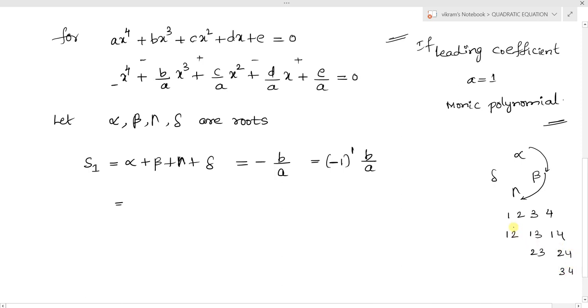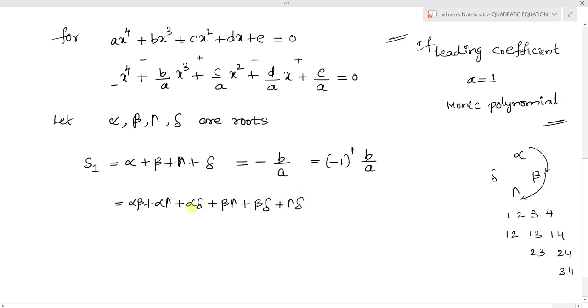So the product of the roots taken two at a time, for alpha, beta, gamma, delta, is alpha beta + alpha gamma + alpha delta + beta gamma + beta delta + gamma delta.